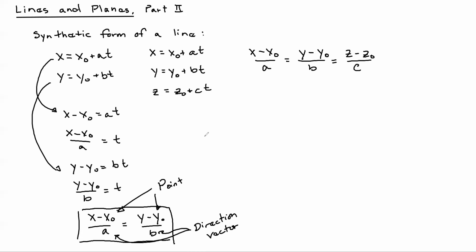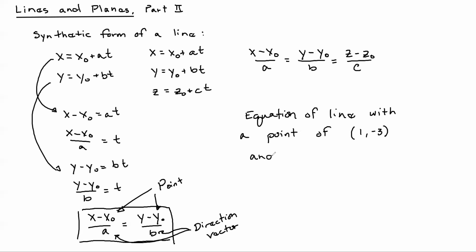So for example, let's say that you solved a problem and wanted to generate the equation of a line with a point of 1, -3 and a direction vector of 2, 5.